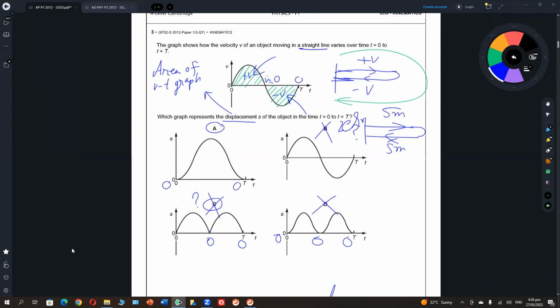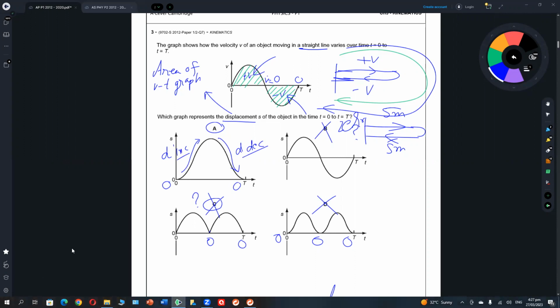You can see from O to A, displacement is increasing. You're going away. And from A to O, displacement is decreasing. And you can see the same situation here. The object was going forward and the negative velocity means it returned.